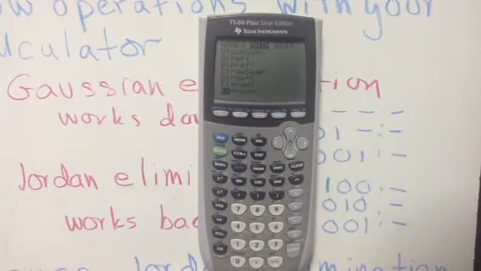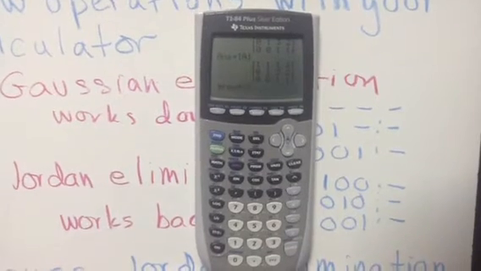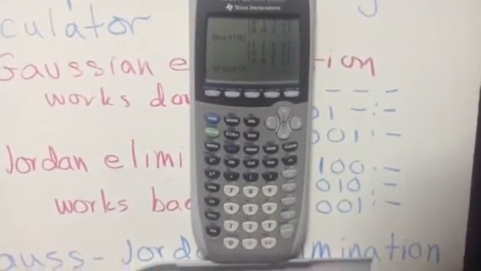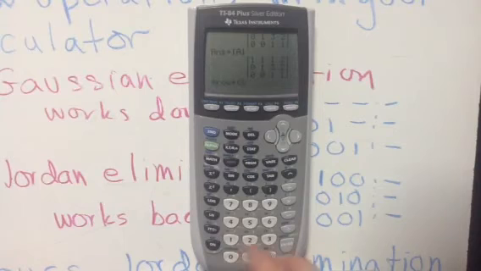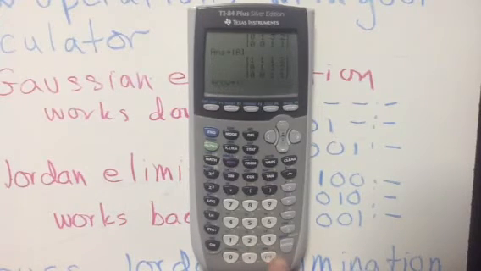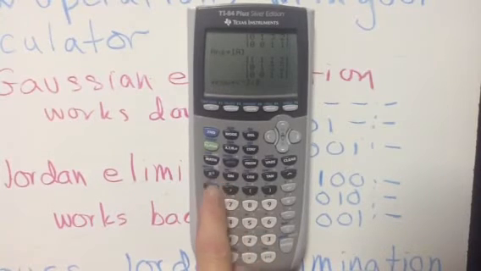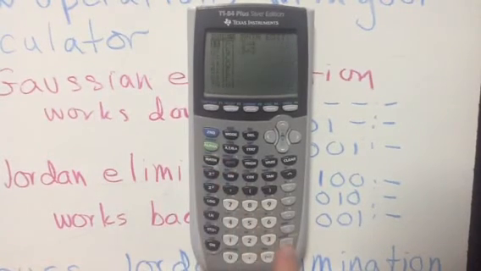Multiply row, add. The first thing we want to do is name our multiplier, which is going to be -3. Now we name our matrix, matrix A. Now we tell it which row gets to be multiplied by -3.